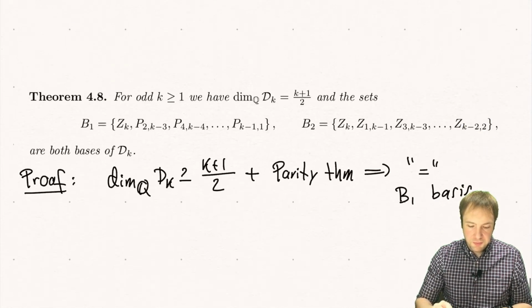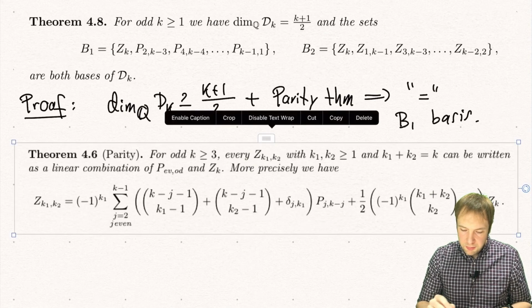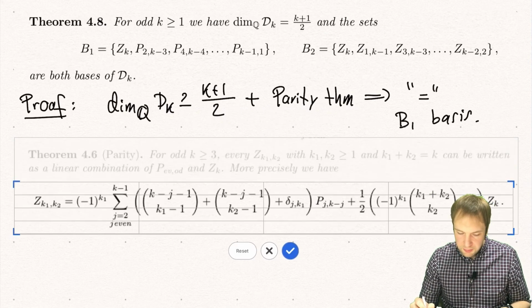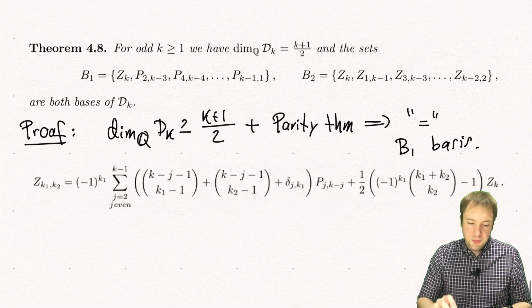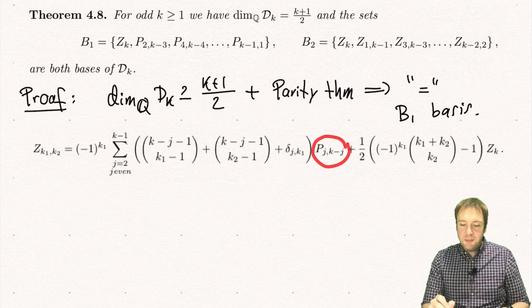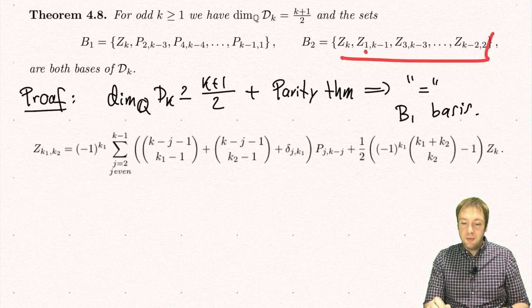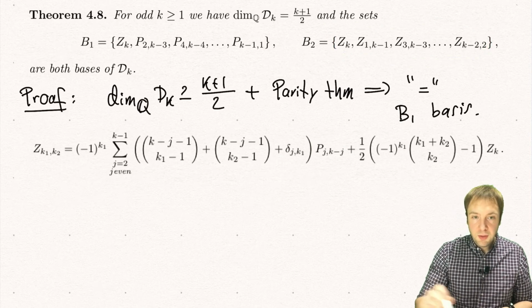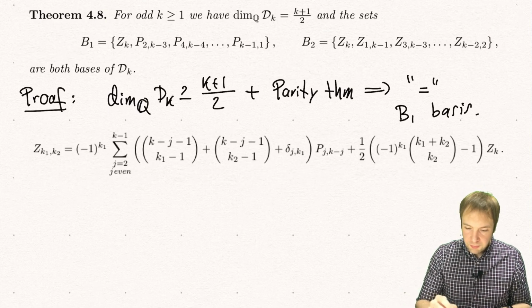So let me copy this down here. So we want also, to prove this, we need to show that actually any p(j, k minus j) can also be expressed as a linear combination of these z(k odd, even). But this we can.